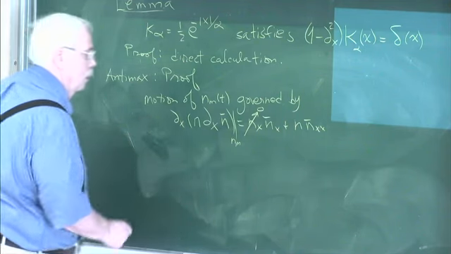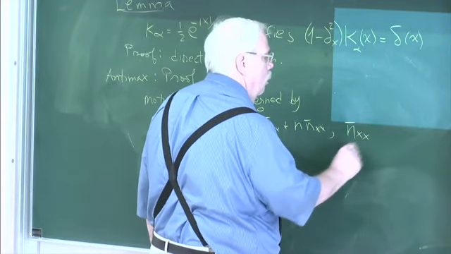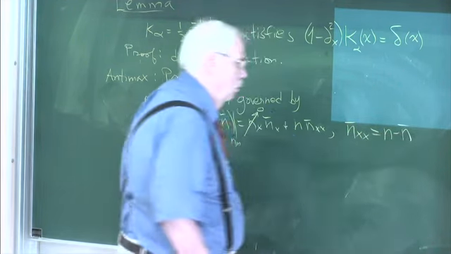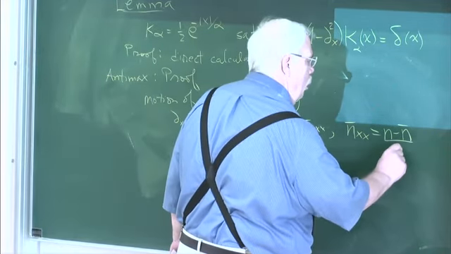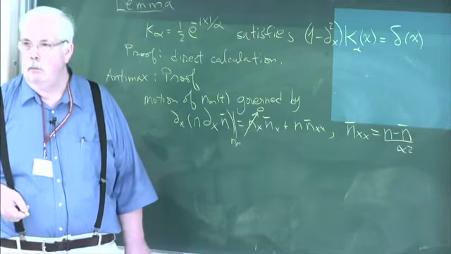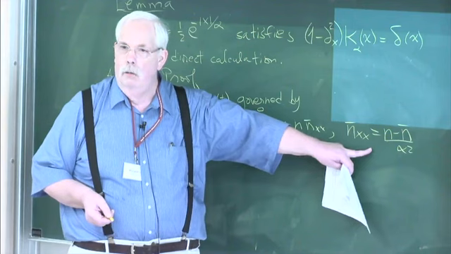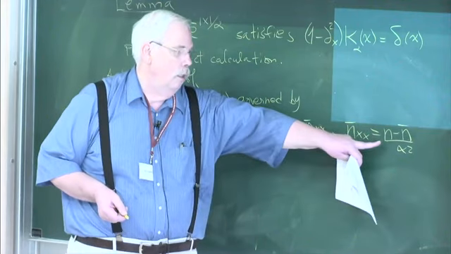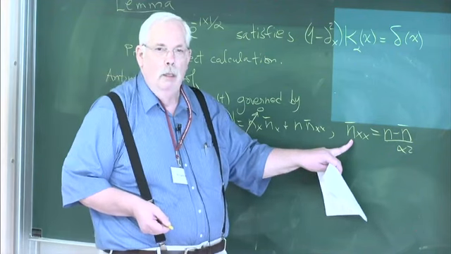Let's put it beside it: n bar sub xx is equal to (n minus n bar) over alpha squared, because n bar is the inverse of the Helmholtz operator acting on n, so n minus n bar is the rest of the Helmholtz operator acting on n bar.